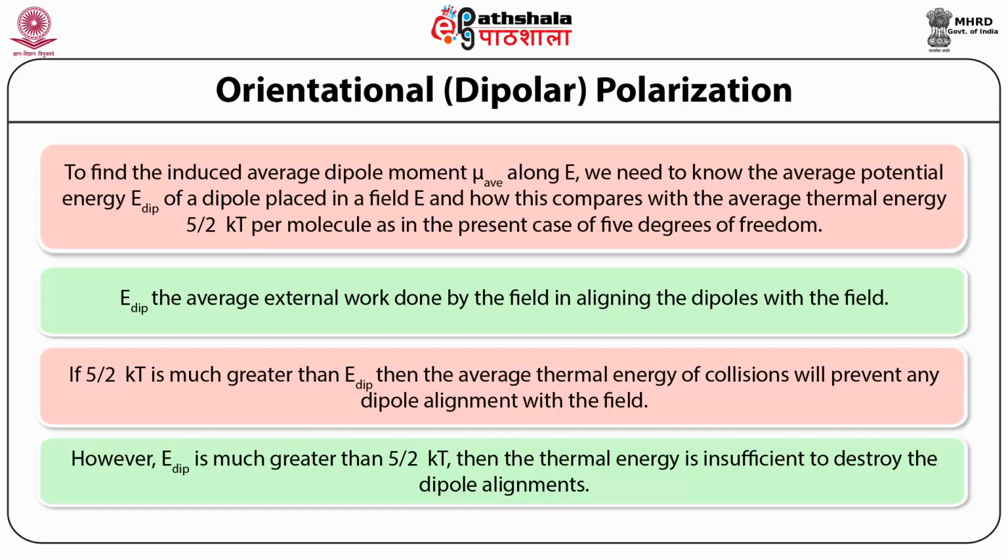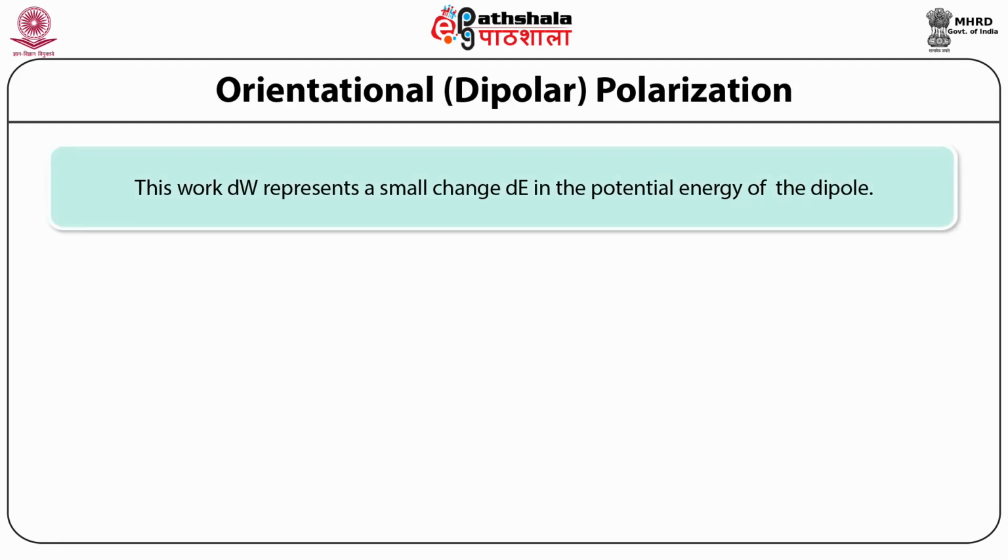A dipole at an angle theta, as shown in the above figure, to the field experiences a torque tau that tries to rotate it, as shown in figure 3c. The work dW done by the field in rotating the dipole by d theta is tau times d theta. This work dW represents a small change dE in the potential energy of the dipole.